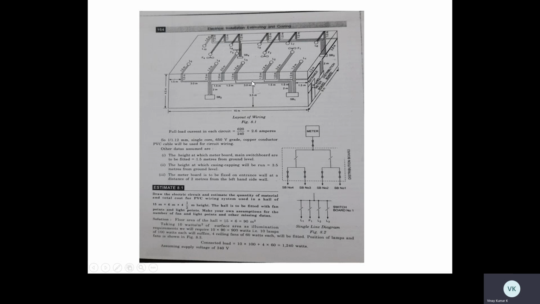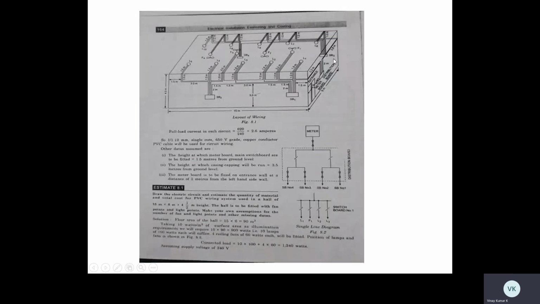This is 3 meters because of the distance between these two. 1.5 meter here, 1.5 meter. We have to calculate the total here. 2 plus 1, 3.5, 3.5 plus 1.5, 5, 5 plus 3, 8, 8 plus 3, 11, 11 plus 2, 13. See here, SB1 to SB2 is 30. Like this I have to calculate for all the things.